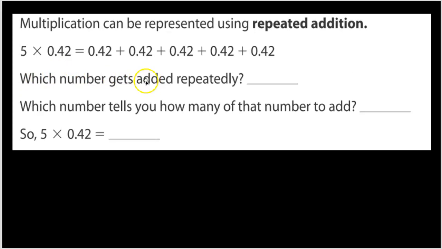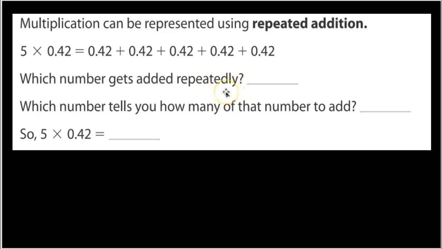Multiplication can be represented by using repeated addition. We know that. So they gave us an example here, 5 times 42 hundredths. Really all you're doing is adding 42 hundredths 5 times. So here they've got 42 hundredths plus 42 hundredths plus 42 hundredths plus 42 hundredths plus 42 hundredths. If you were to add these together and line them up with the decimal, you would be able to get your product.